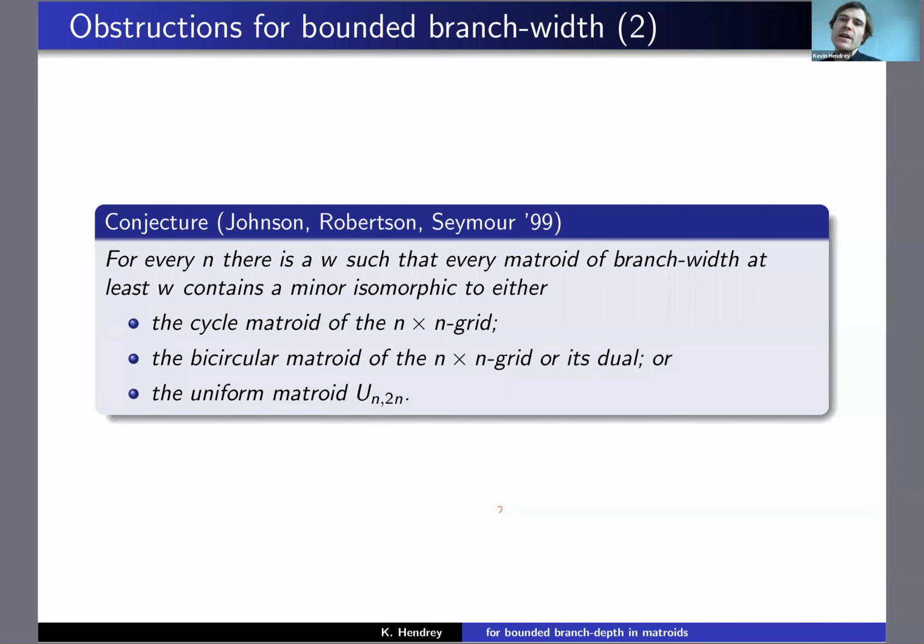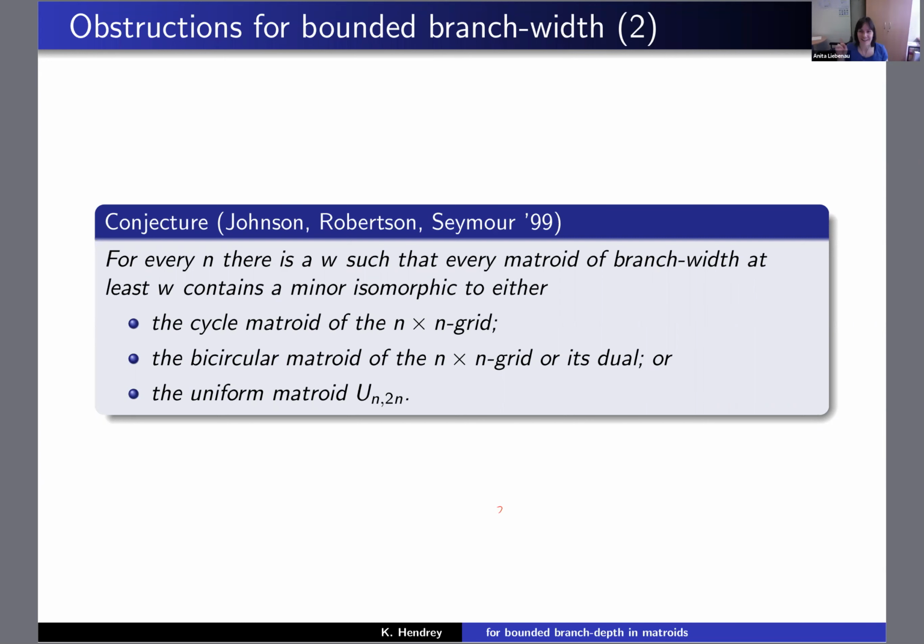Either a matroid has high branch width because it contains the cycle matroid of the n by n grid as a minor, or it contains what's called the bicircular matroid of the n by n grid or its dual as a minor, or it contains a uniform matroid on two n elements where the independent sets have size n for some large value of n. So this would be a nice characterization of the obstructions to having bounded branch width.